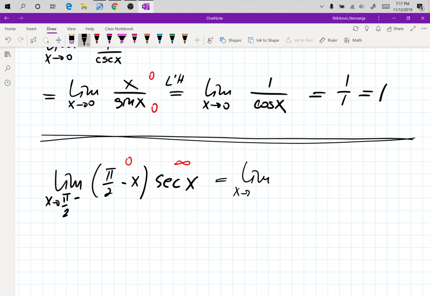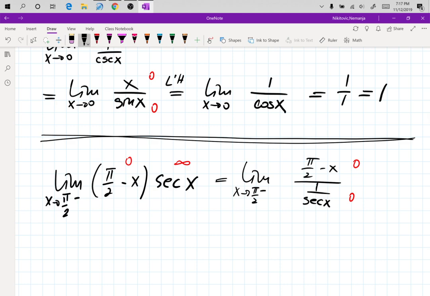transformation. So x goes to pi over 2 from the left. And we're going to leave pi over 2 minus x and then put 1 over secant x here. And now we're just going to change that into a cosine. But now you have 0 over 0, right?